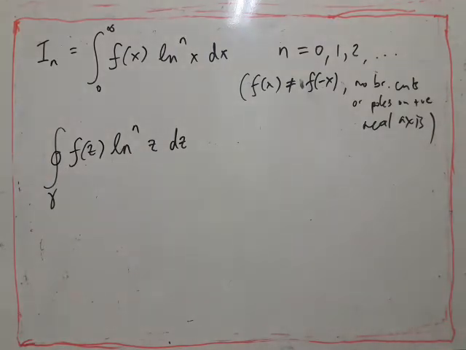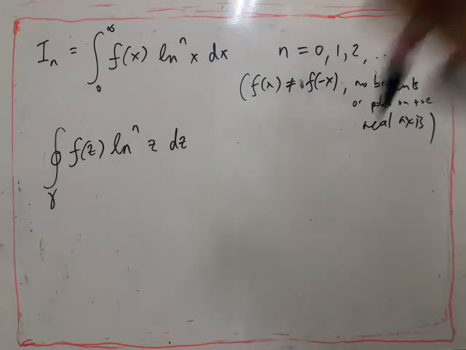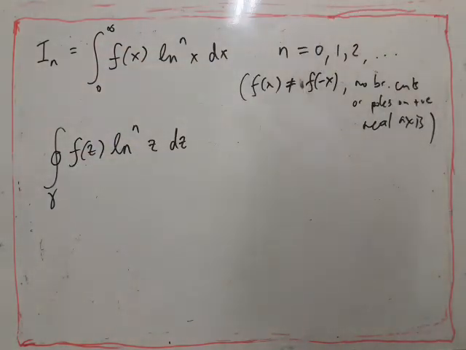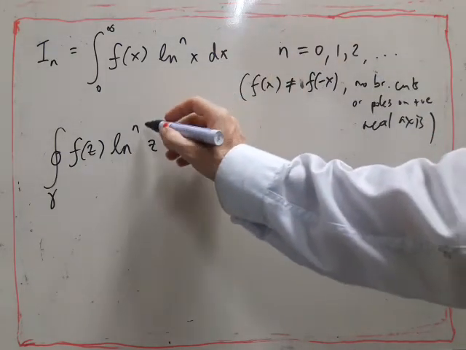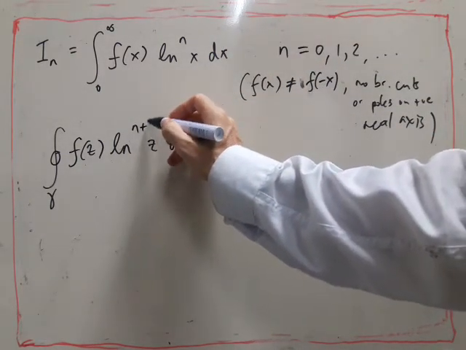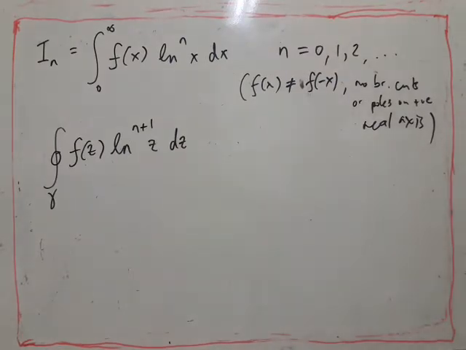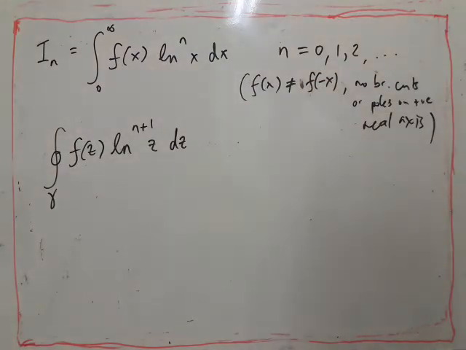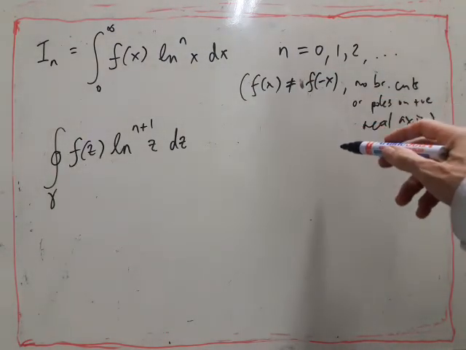You would sort of get 0 equals 0. You wouldn't get anything useful. So it turns out that rather than try and evaluate this contour integral, we evaluate the one with log z raised to the power n plus 1 when we want to find the integral in. Okay, so we're going to now see how all this works.